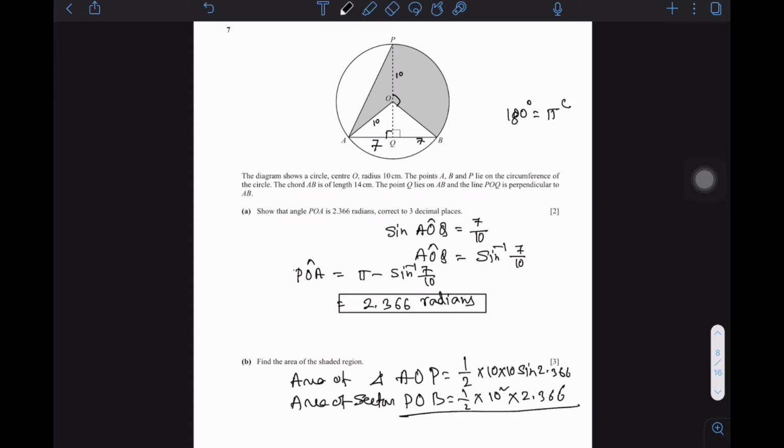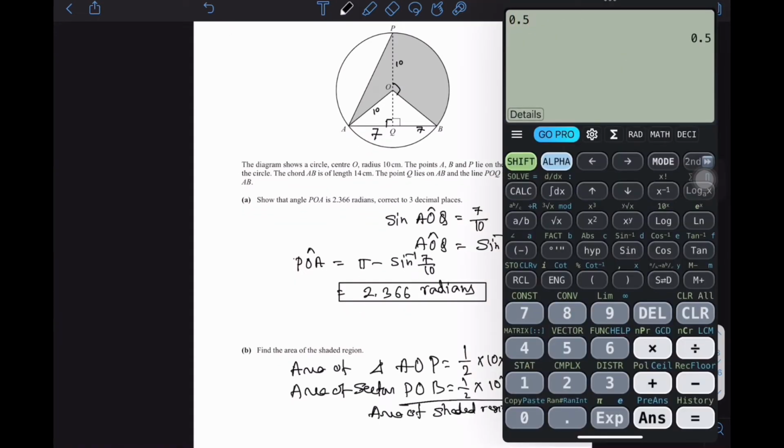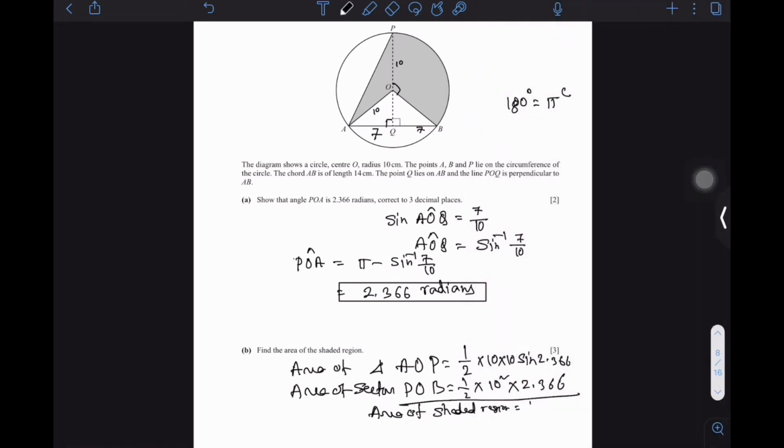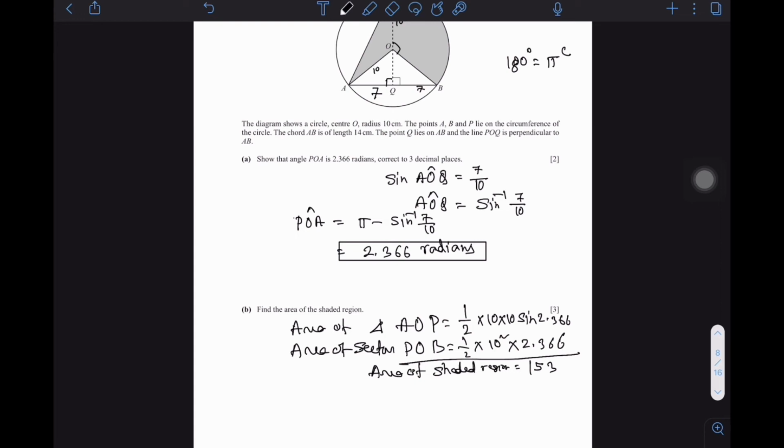Now if we add 0.5 into 10 into 10 sine 2.366, plus 0.5 into 100 into 2.366, we can find the answer, which is 153. It is 3 SF, 153 centimeter square.